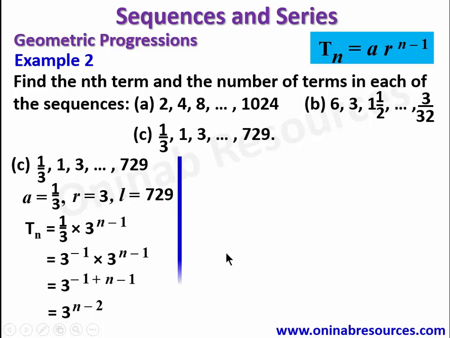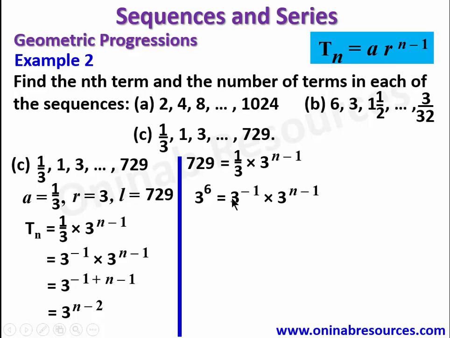And now we go ahead to find the number of terms in this sequence. So our L, which is 729, is equal to a, 1 over 3 times 3 raised to power n minus 1. 729 is expressed in index form of 3 as 3 raised to power 6, equal to 3 raised to power negative 1 times 3 raised to power n minus 1. 3 raised to power 6 is equal to 3 raised to power negative 1 plus n minus 1.